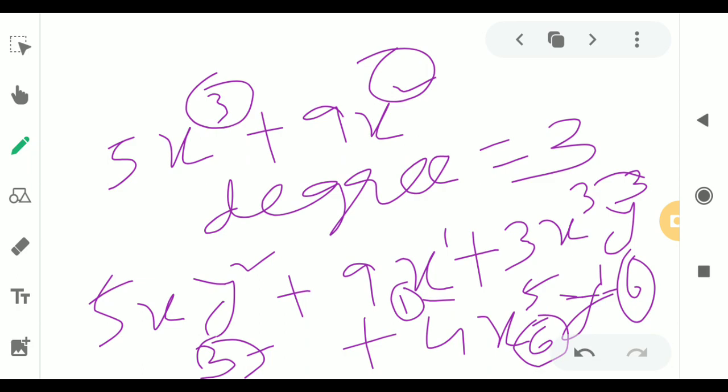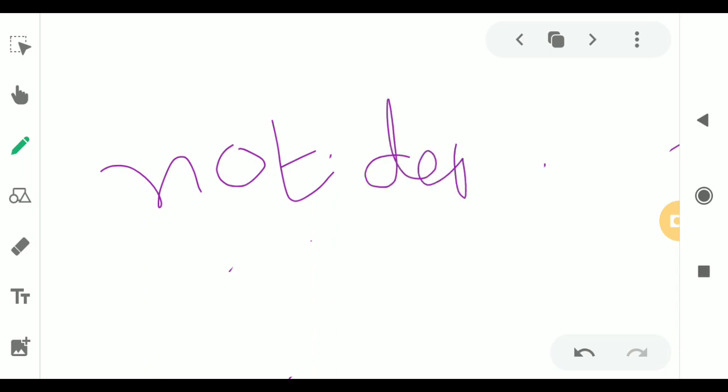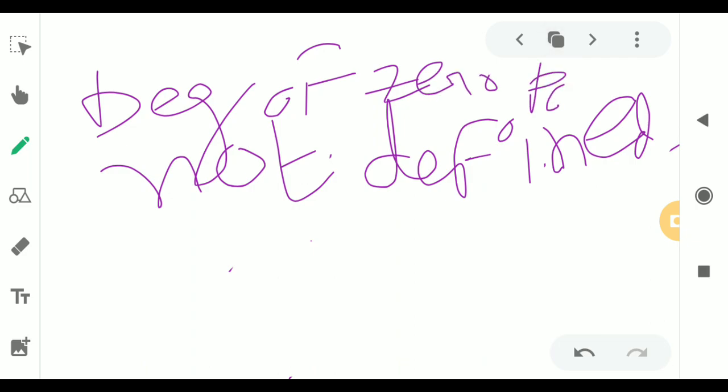So what will be the degree of zero polynomial? The degree of zero polynomial is not defined. Understand? Very good.